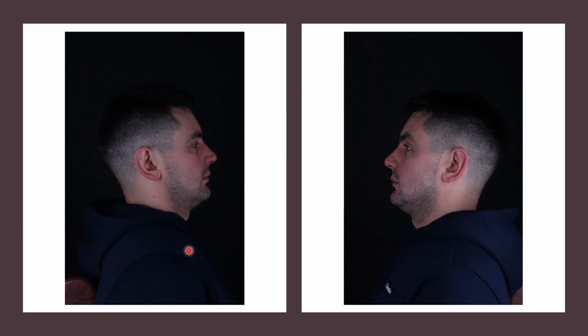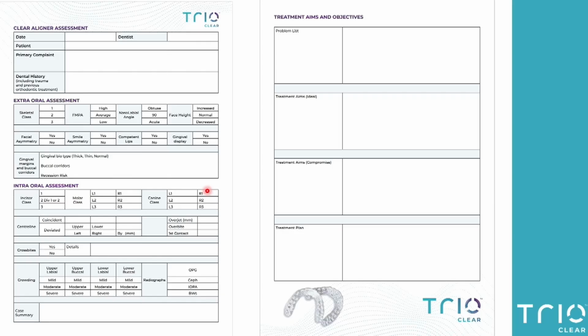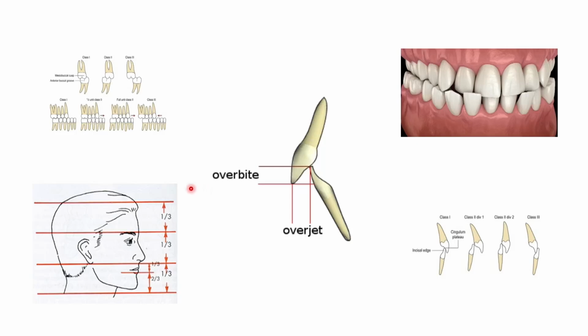And to assess the skeletal class, you can either look at them or you can take a really nice photograph. And so we have here the photograph that you need to assess the skeletal class. Ideally, this would be slightly chin down. And all we're looking for is just a visual of this area here.